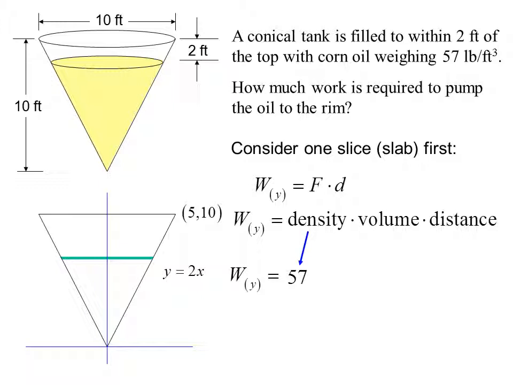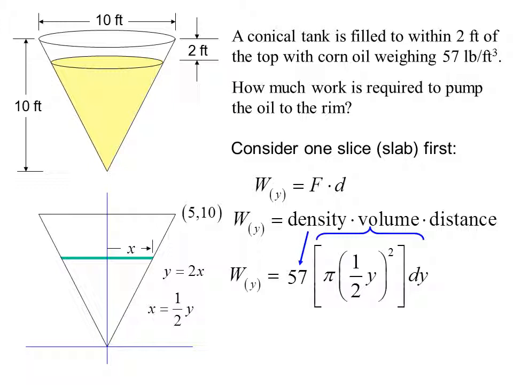If y equals 2x, then x equals 1/2 y. And x is the radius of the slice. So the volume is pi times (1/2 y) squared times the thickness, which is dy.